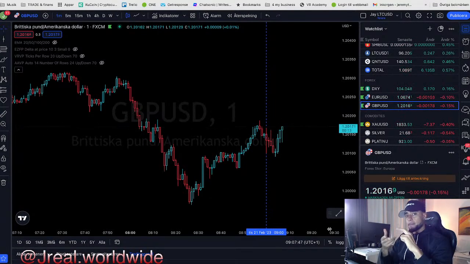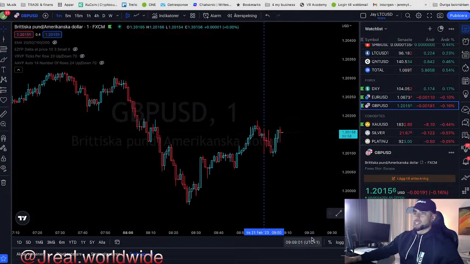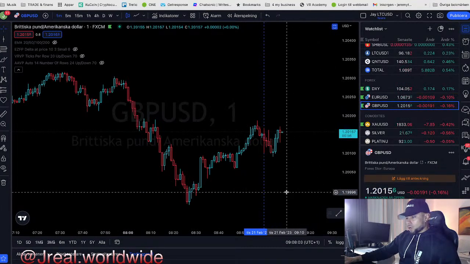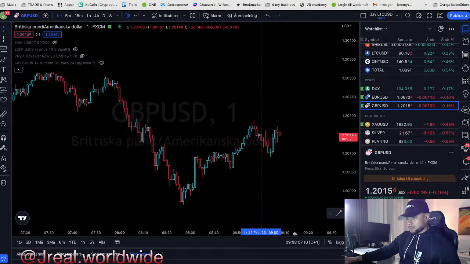And New York and London overlap, so that means a lot of liquidity in the market. That's the point where you got the most liquidity inside the market, and therefore that's the point where you're gonna see the most price action. So ain't very much happening right now.